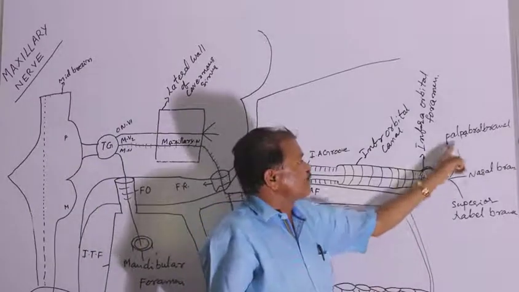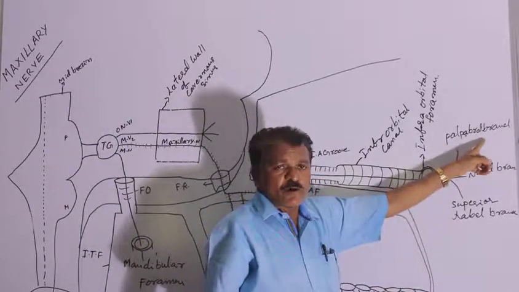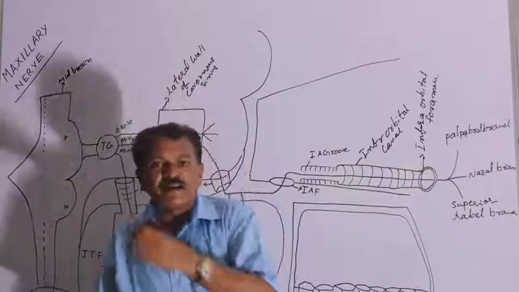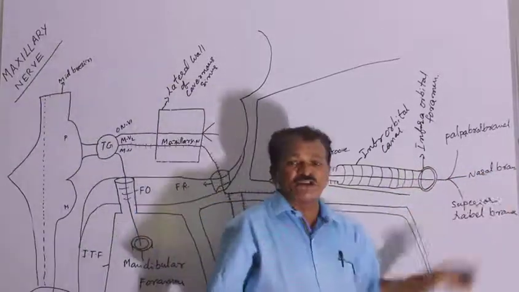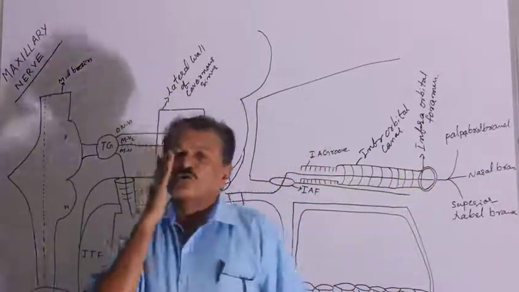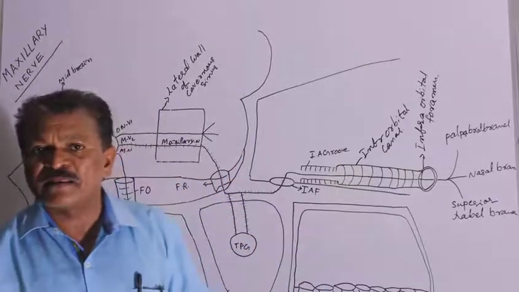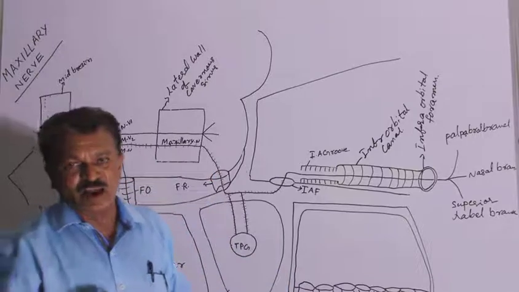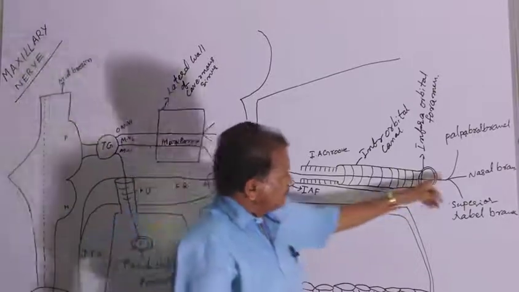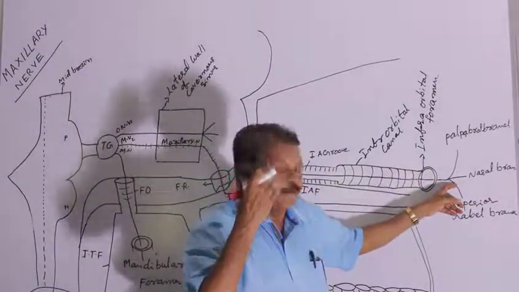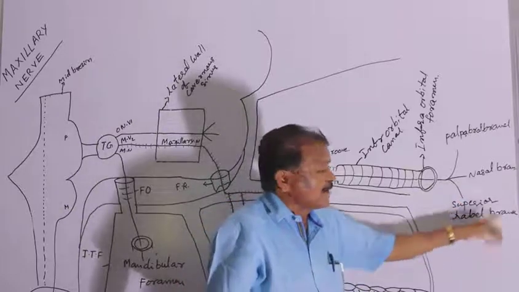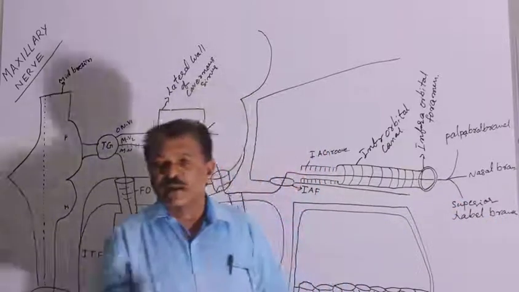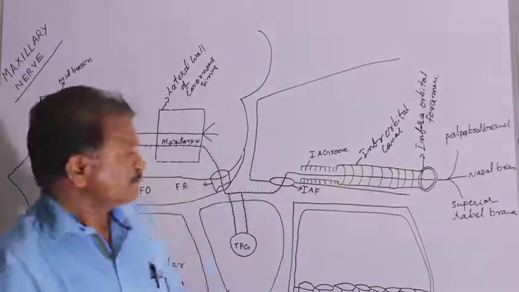Immediately it is divided into the palpebral branch, which supplies the lower eyelid, and the nasal branch, which supplies the lateral part of the nose. The middle part of the nose is supplied by the external nasal branch, a branch of the anterior ethmoidal nerve. And then inferiorly it gives the superior labial branch, which supplies the upper lip.